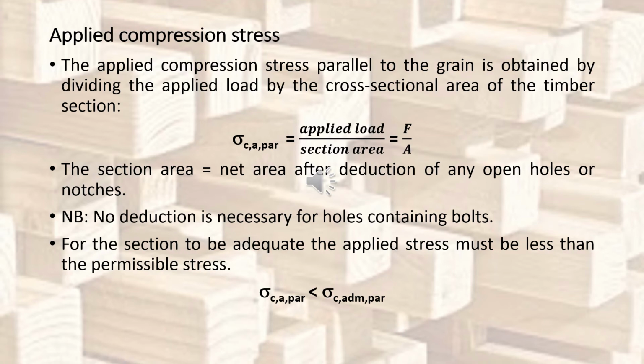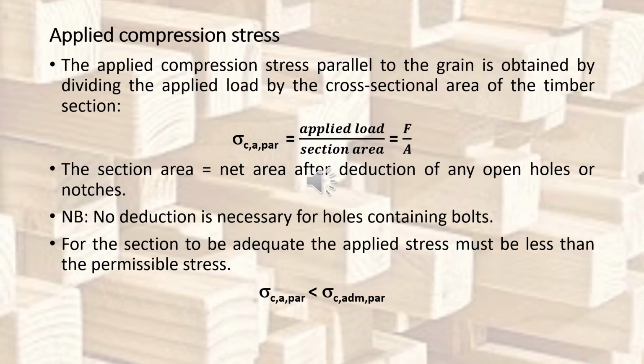Now, you have to bear in mind that the section area is normally the net area after deduction of any open holes or notches. So if you've got notches or holes within the timber, you have to take that into consideration and hence determine the net area.